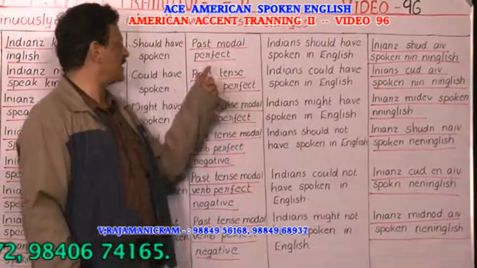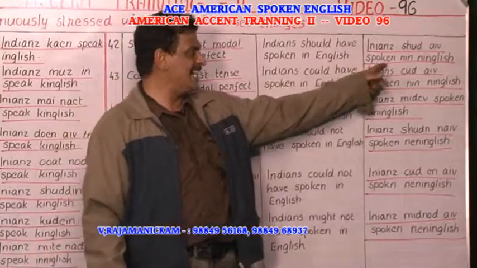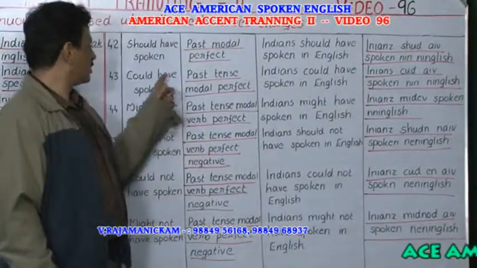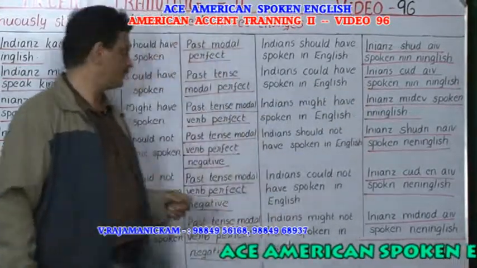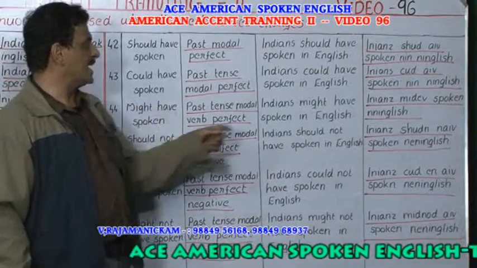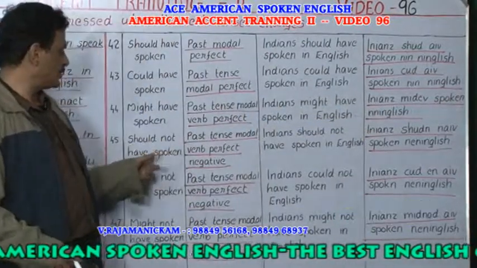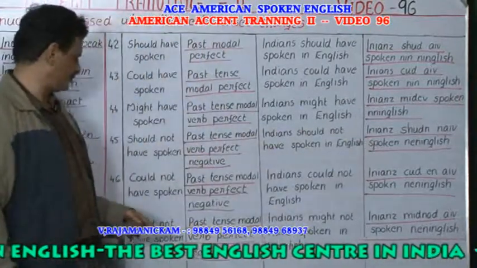Say everybody together. Should have spoken: Indians should have spoken in English. Could have spoken: Indians could have spoken in English. Might have spoken: Indians might have spoken in English. Should not have spoken: Indians shouldn't have spoken in English.